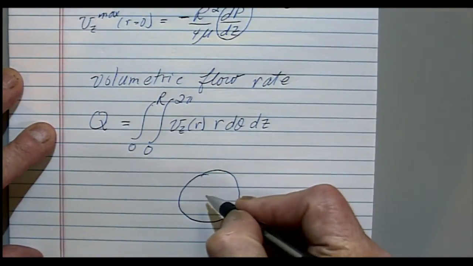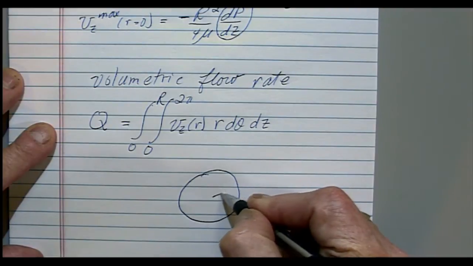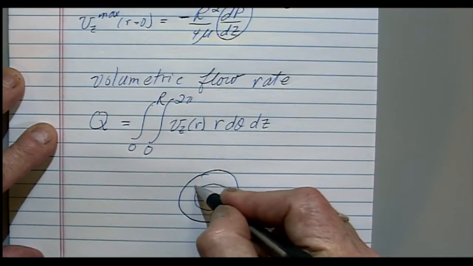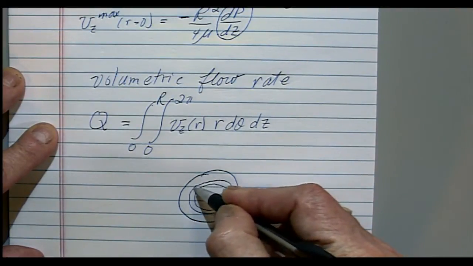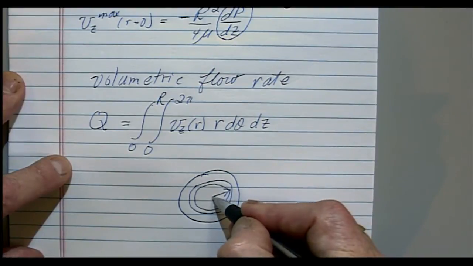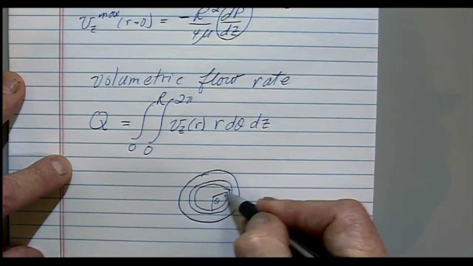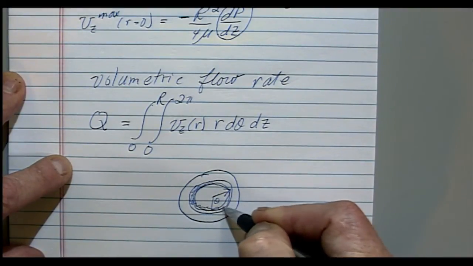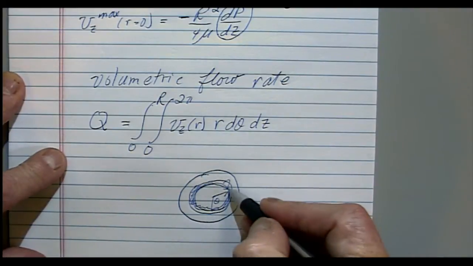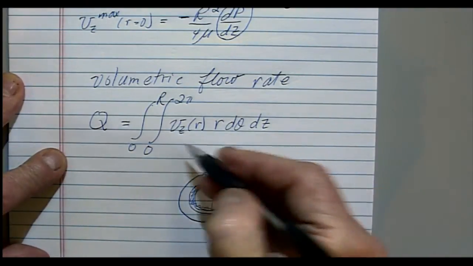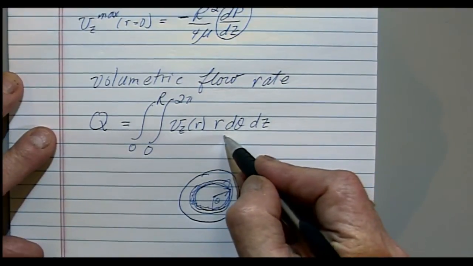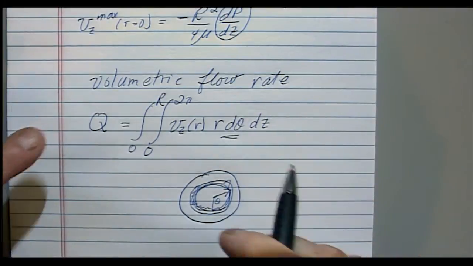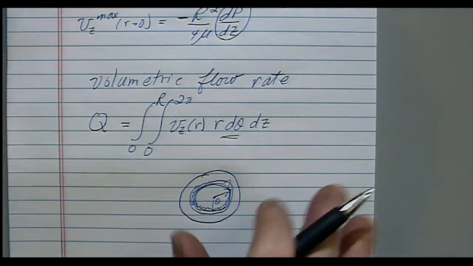Here's the end of the pipe, and it has some radius, and I can think about taking a ring, an annulus, here, and I have to integrate around theta. This is my angle theta, so I integrate theta from 0 to 2 pi. That gives me the area of this annulus. Then I have to integrate those annuli from the center all the way out to the edge. So that's the reason for doing an integral over theta, to get the area of the annulus, and then once I have that, I can integrate over the full area of the pipe.